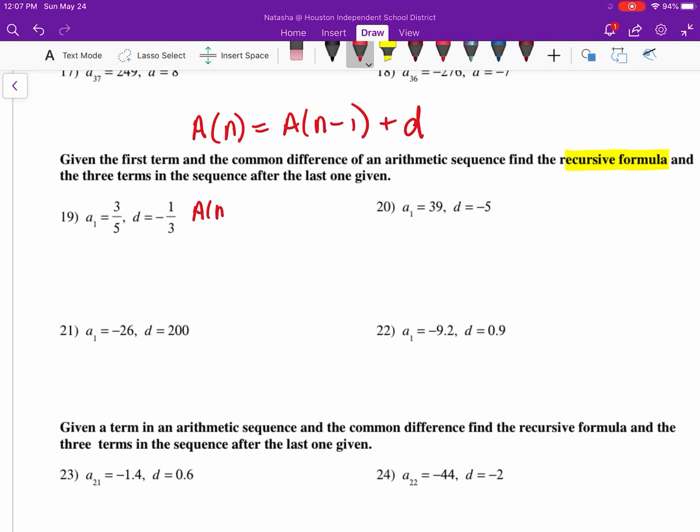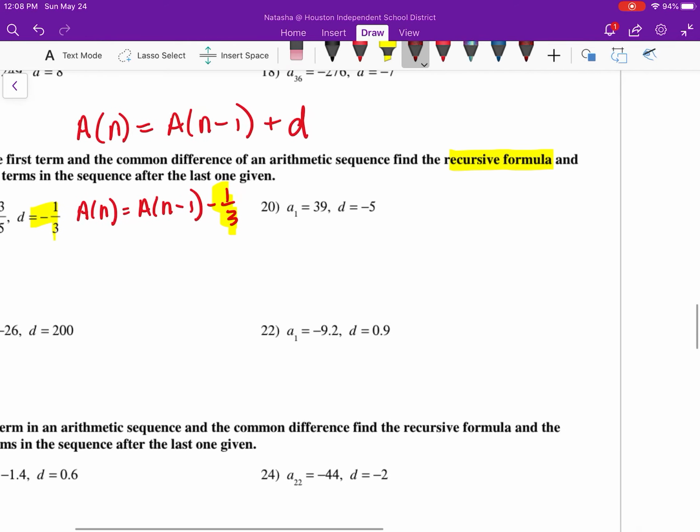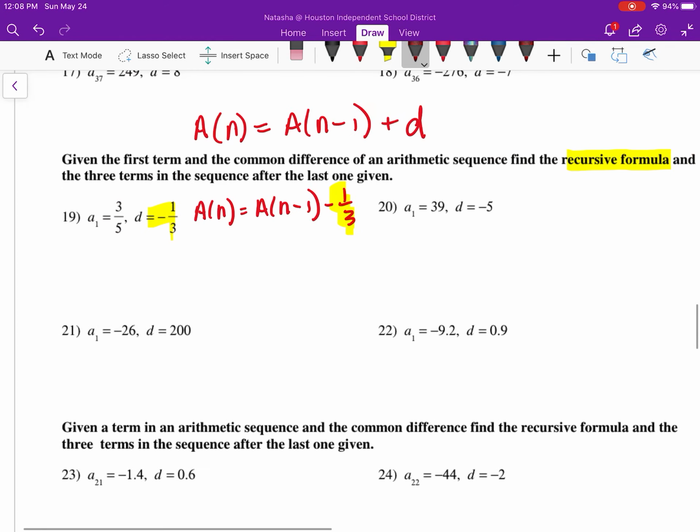So if I look at number 19, okay, my recursive formula is going to be a_n is equal to a_(n-1) minus 1/3, because our d is negative 1/3. Okay? So, and we want the first 3 terms.